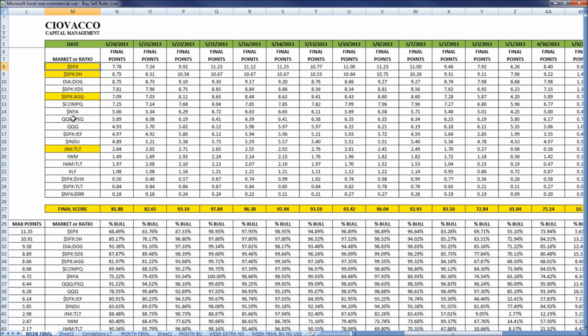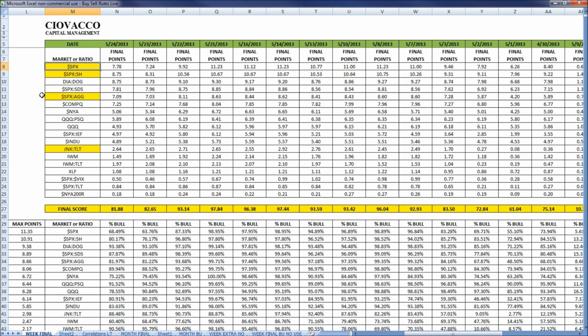These charts here are helpful in understanding the market's risk-reward profile. But the further I get away from the S&P 500 and the lower I go on this list, the lower the correlation, or the less meaningful these charts are to determining the health and probabilistic future direction of the S&P 500.